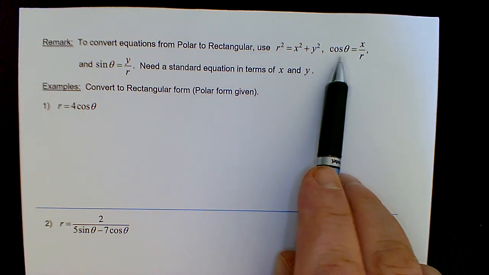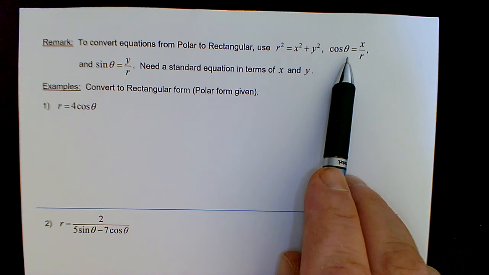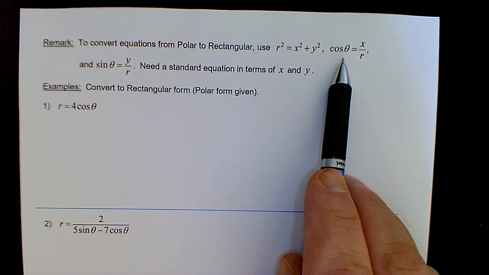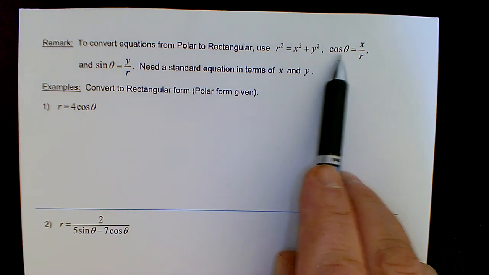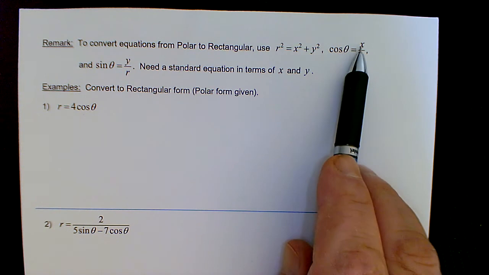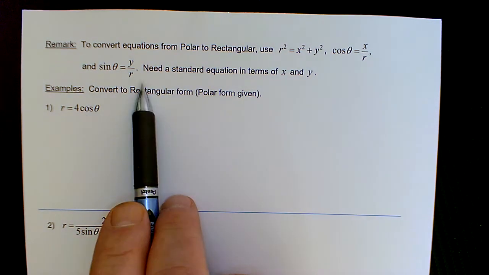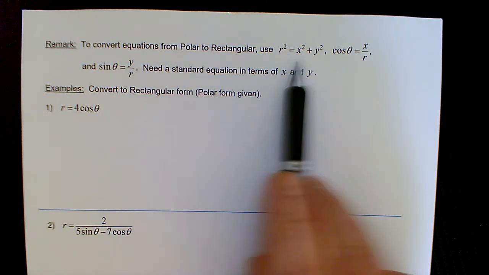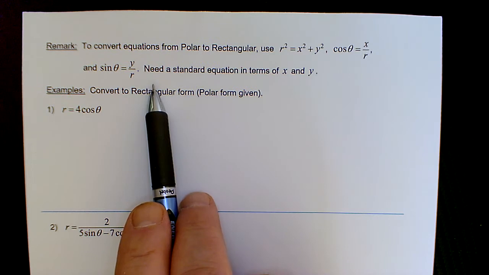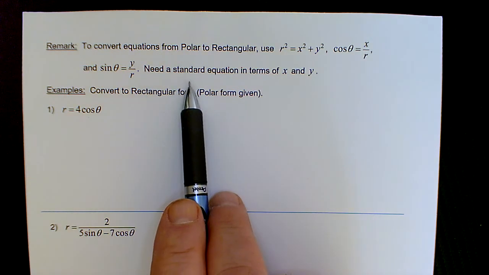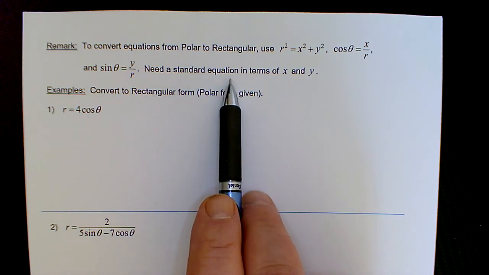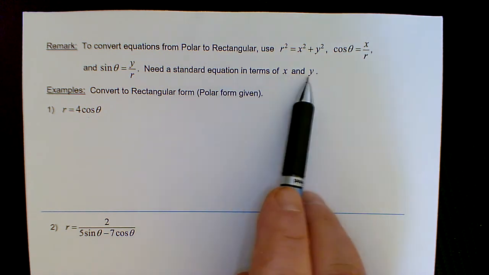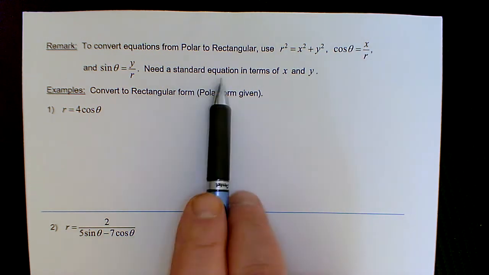But because we're going to be given a function in terms of r and theta, you could replace cosines by x over r and sines by y over r. So again, equations that you're going to want to include on your cheat sheet. And you don't necessarily have to solve for y in terms of x, but you want to get an equation explicitly in terms of x and y in probably a standard form.